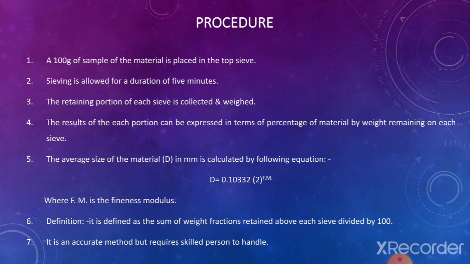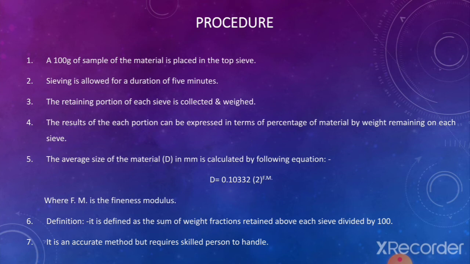For determining the size of a particle, 100 gram of sample of the material is placed in the top sieve. Sieving is allowed for a duration of 5 minutes. Then the retained portion of each sieve is collected and weighed separately. The result of each portion can be expressed in terms of percentage of material by weight remaining on each sieve.